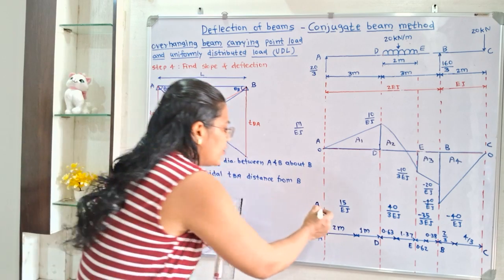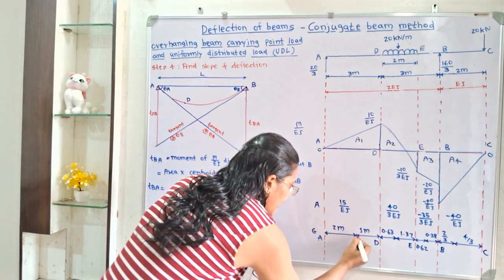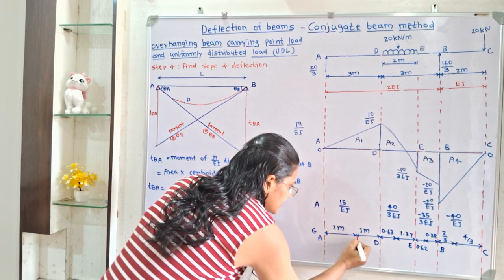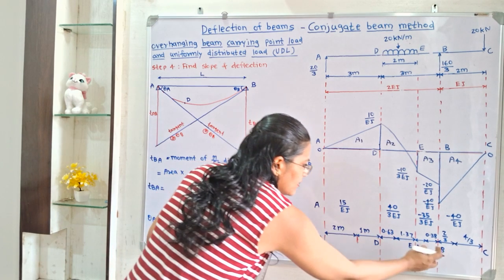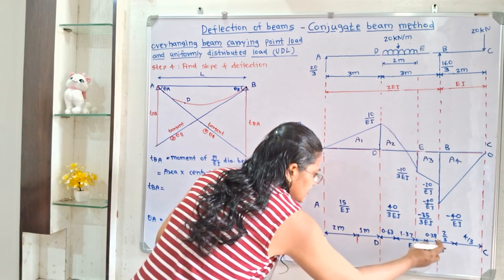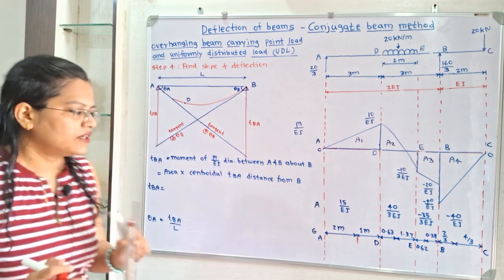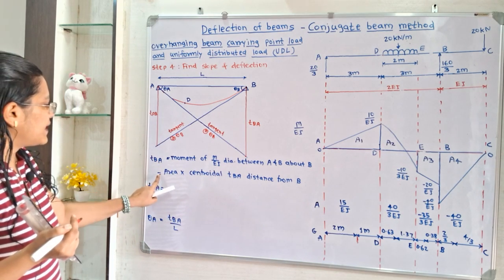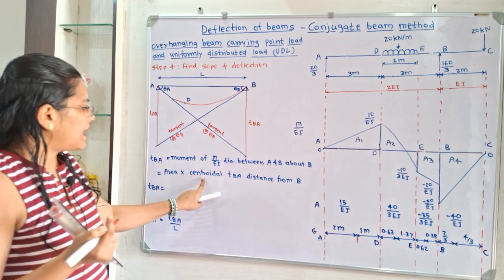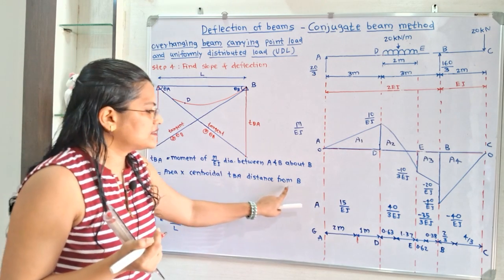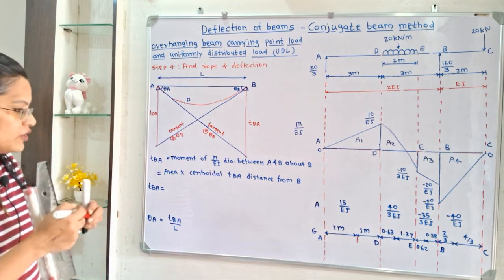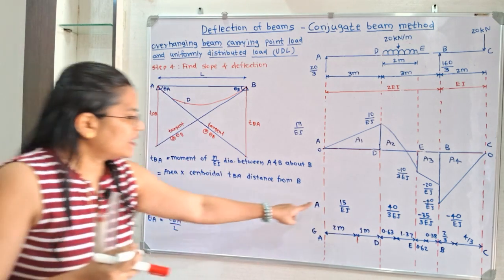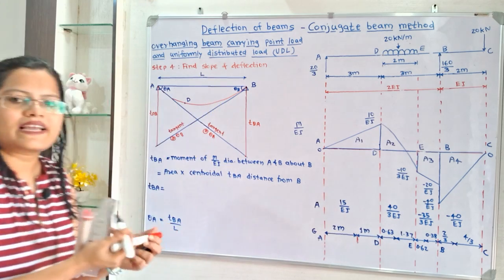So for area A1 we have to take the centroidal distance from this point up to this point, this total distance we have to measure. So first we will calculate this. TBA is equal to area multiplied by centroidal distance from the point B. So this is the formula. Now with the help of this diagram we will calculate.